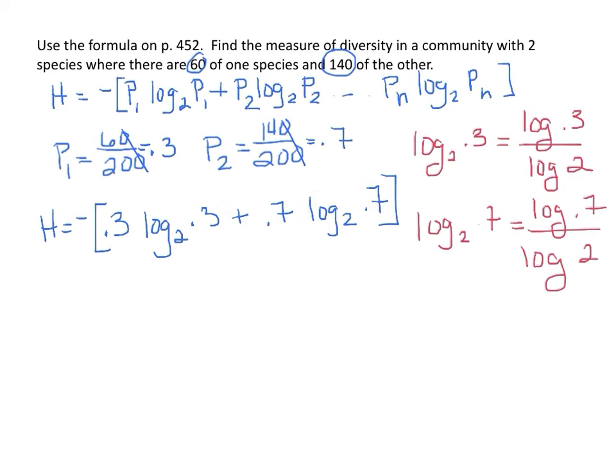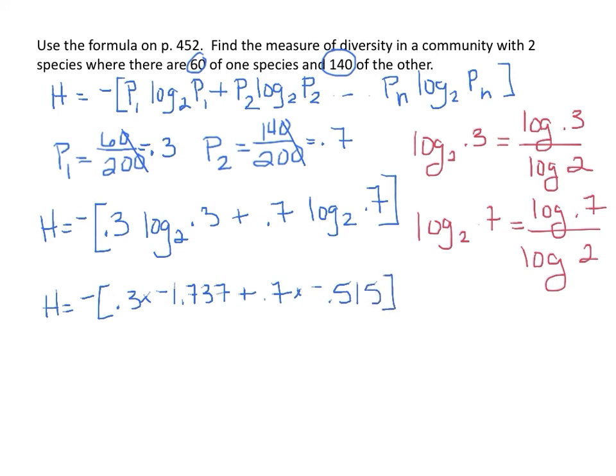So I've got the first one, log base 2 of 0.3, is negative 1.737. And then log base 2 of 0.7 is negative 0.515.